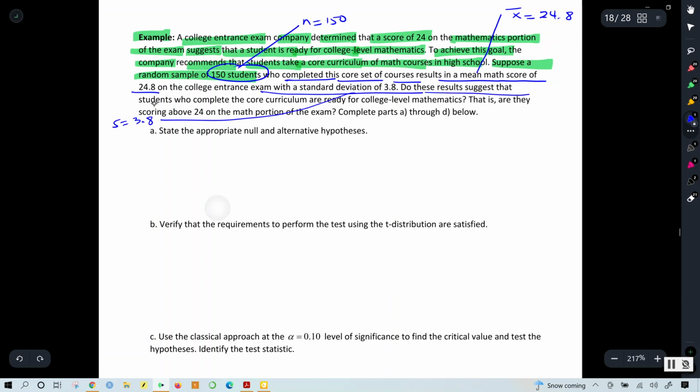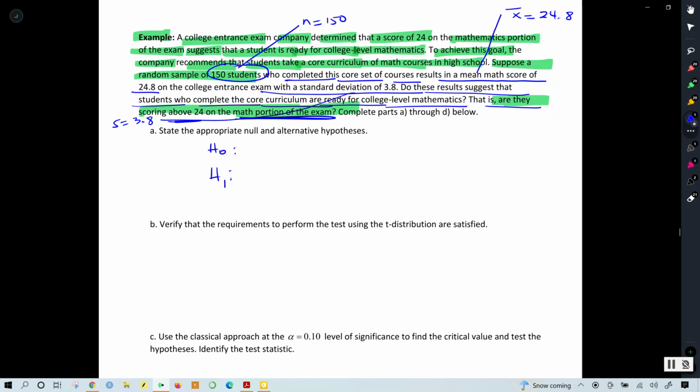Does this result suggest that students who complete the core curriculum are ready for college level mathematics? That is, are they scoring above 24 on the math portion of the exam? This is the question that we want to test. So we are ready to state the null and the alternative hypothesis.